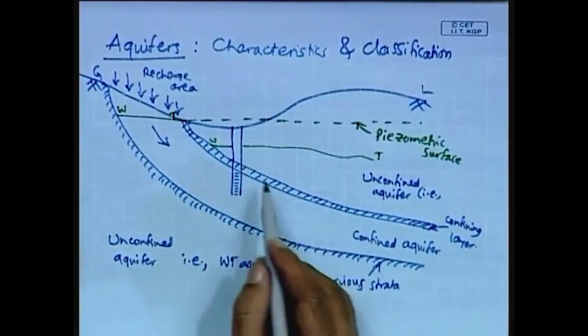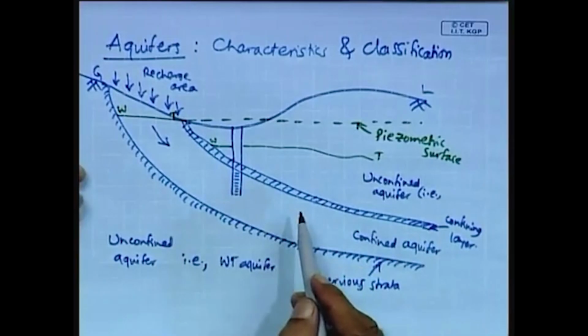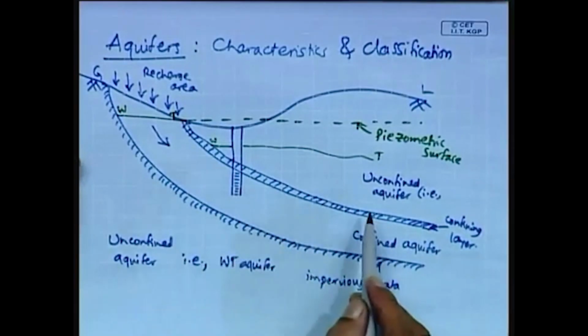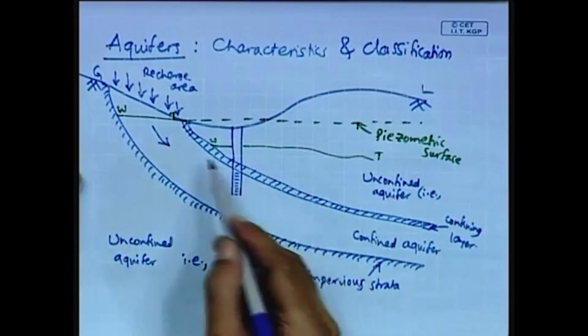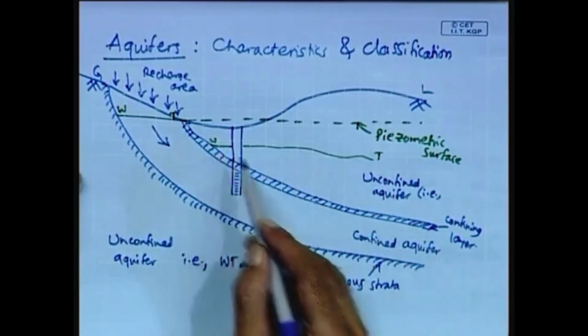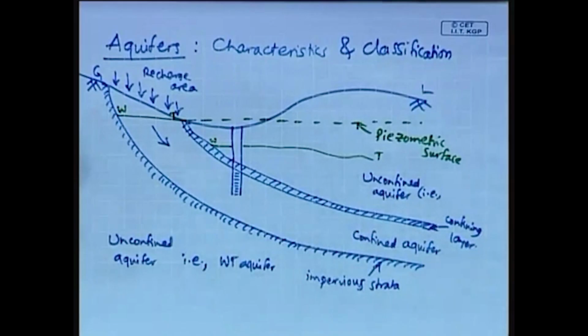So, this unconfined aquifer represents the topmost aquifer which has only one confining layer at the bottom, whereas its top surface represents the water table which is undulating, depending upon the slope, the areas of recharge, discharge and pumping and other factors.